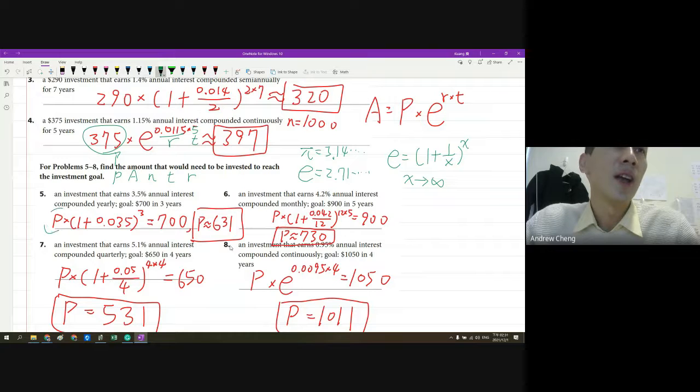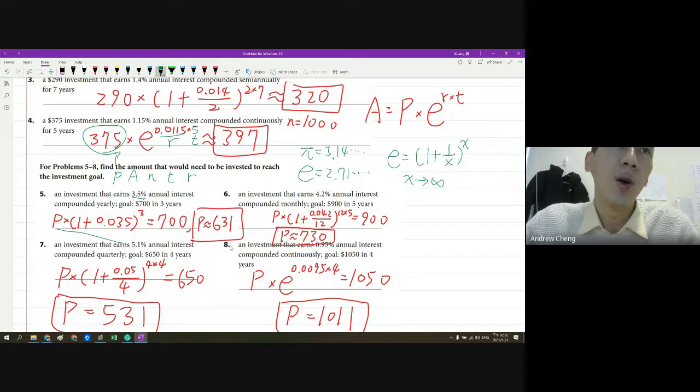So we don't know the principal, the initial money you deposit in the bank, but we do know the interest rate. So this is 3.5%, so we plug in 0.035. It's compounded annually, yearly. Yearly means N equals 1. And for 3 years, T is 3.